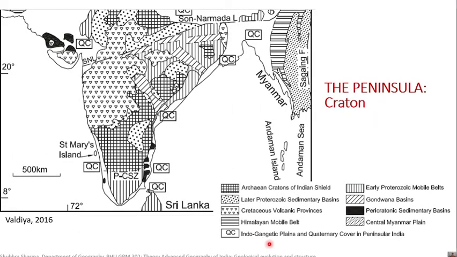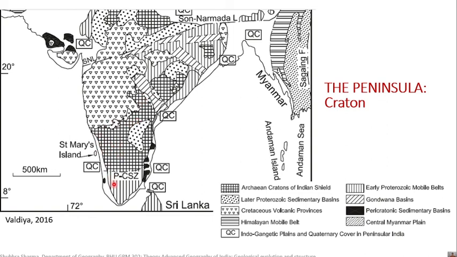So let's come back to the peninsula, which is also known as the craton. In this zoomed map, where are the cratons located, or the rocks which belong to the craton? They are denoted by this mesh type symbology here.